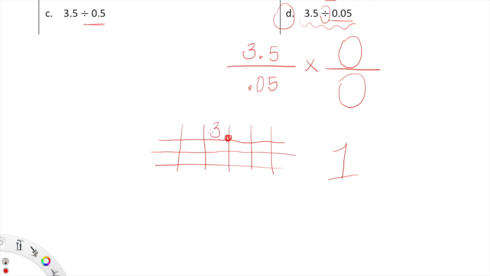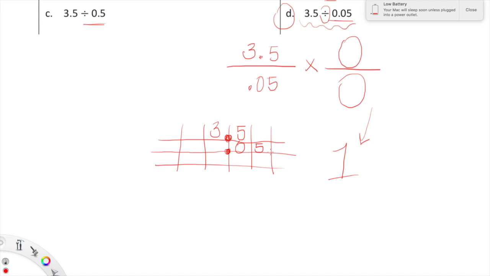So we have 3.5 right now, and we have 0.05. I need to multiply them by the same number, because in order for it to be a fancy version of 1, the numerator and denominator have to be the same. How can I shift? I see how I can shift 3.5 out of decimal form pretty easily.